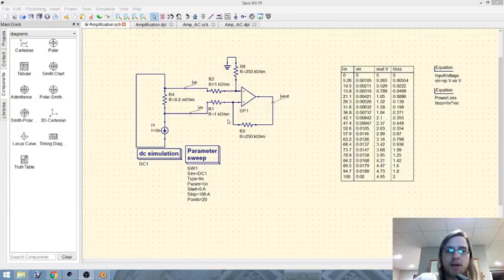But there's something that you want to be wary of when you're designing specific gains, and that is that not all resistor values exist. If you go in your lab, you're probably not going to find a 250 kiloohm resistor.